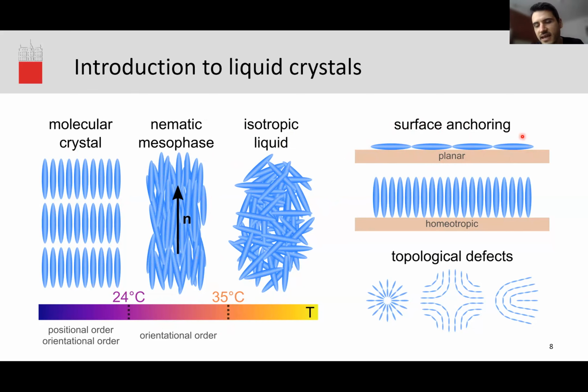So in the most basic sense, we have planar and homeotropic surface anchoring, but of course we also have intermediate ones, for example tilts of liquid crystals. And then since the liquid crystal molecules tend to align in parallel, there are certain locations where the orientational order is broken, and this is what we call topological defects. And here are 3 examples of these defects you can actually observe.